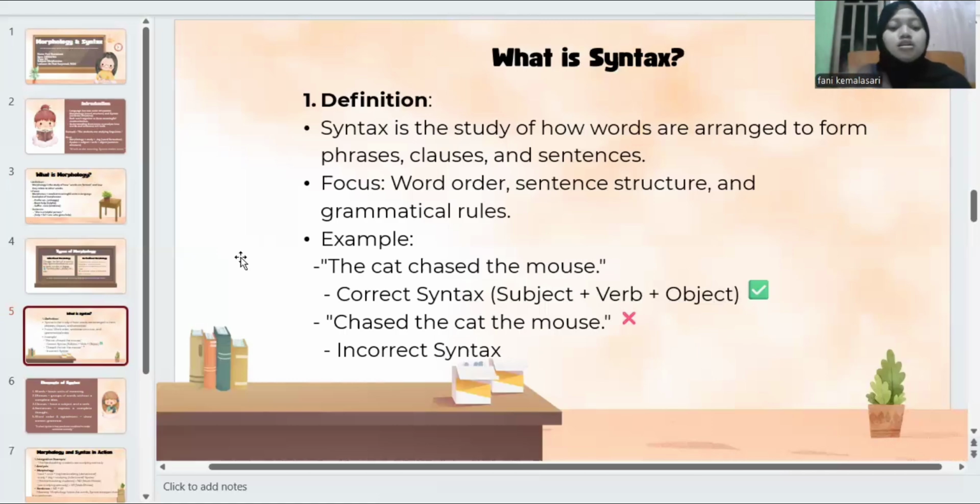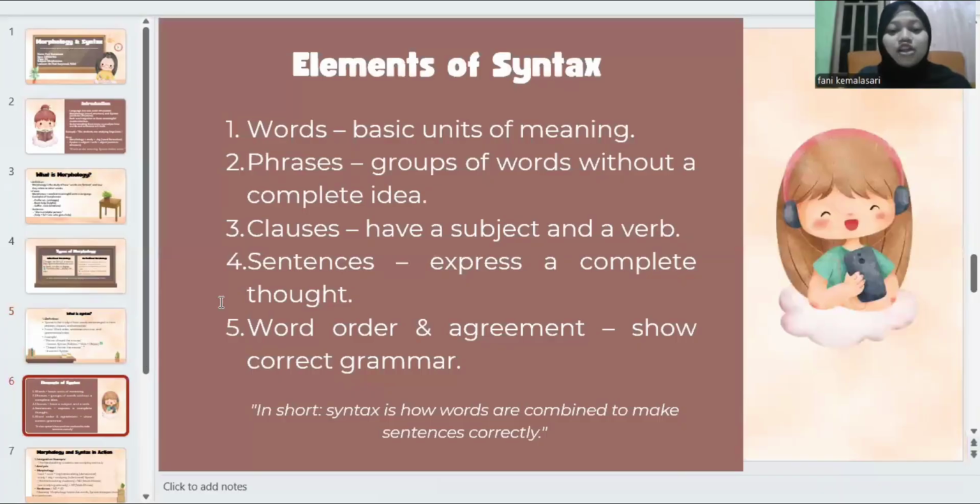Okay, and then let's move to the next slide. There is elements of syntax. Okay, in syntax, we have several layers that work together. The first, words are the basic units of meaning, and the second is phrases. Phrases are groups of words that don't make a full idea. And the third, there is clauses.